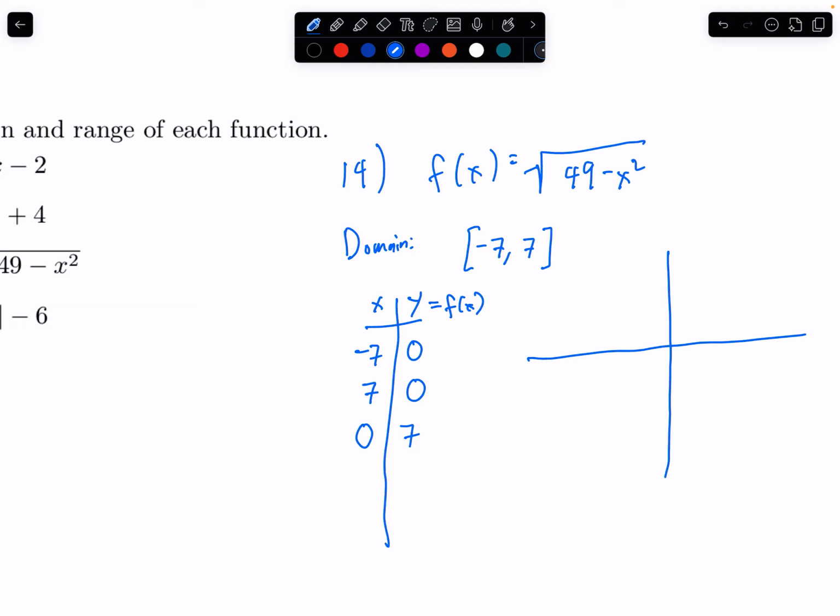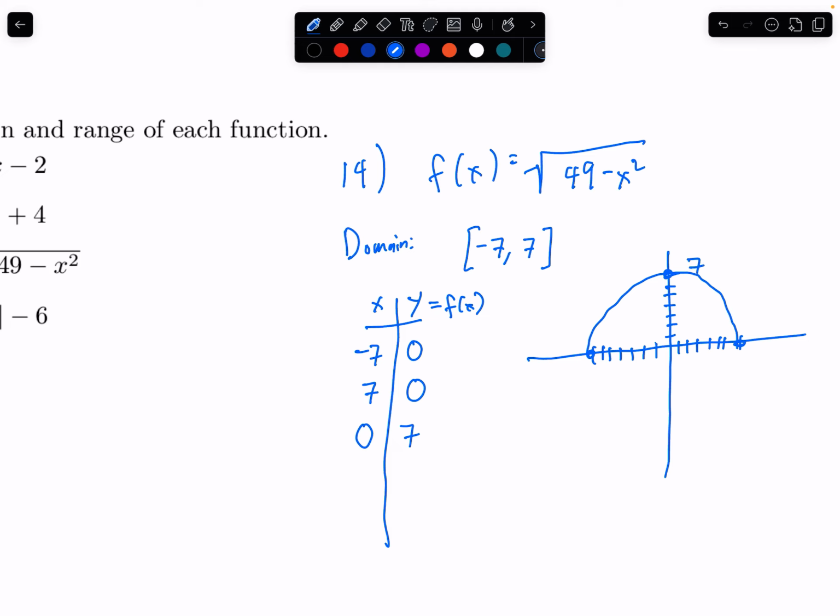So think about the graph now. I've got negative 1, 2, 3, 4, 5, 6, 7, 0. I've got positive 1, 2, 3, 4, 5, 6, 7, 0. And then I've got 0, 1, 2, 3, 4, 5, 6, 7. So here we go. It turns out to be a circle shape, a half circle, right? We kind of saw this before with equations for semicircles.